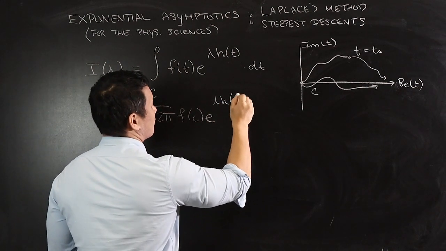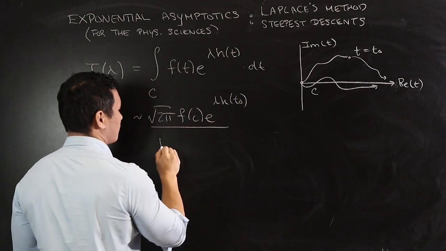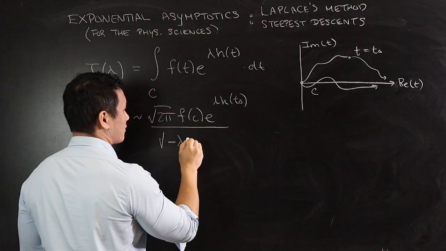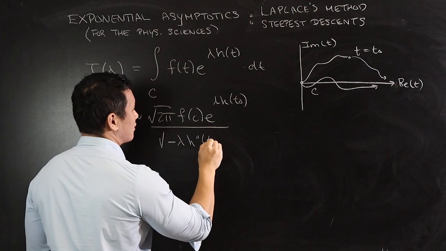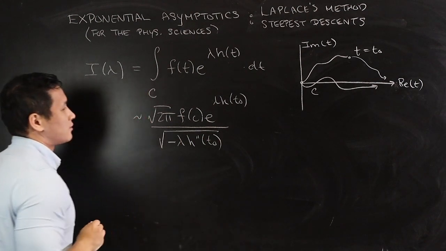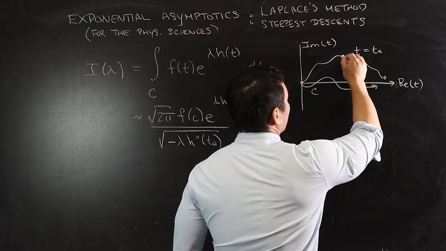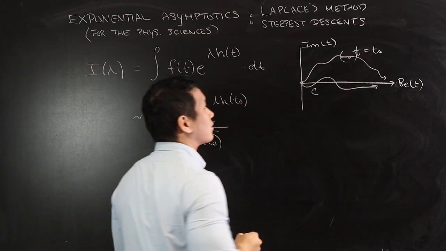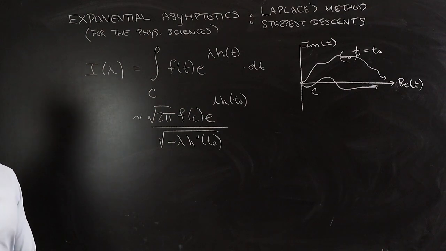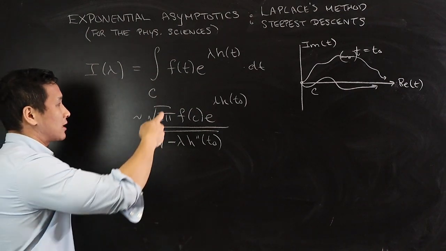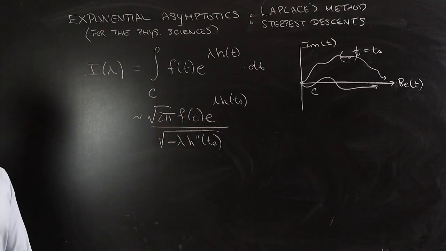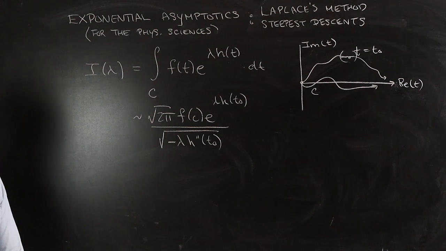I'm just going to approximate it by its value, this minus lambda, and then h double prime of t naught. So you're just using the same idea as you did previously. You're going to deform into a local contribution around your maximum point, and then just crank the handle and apply Laplace's method. So that sounds very good.